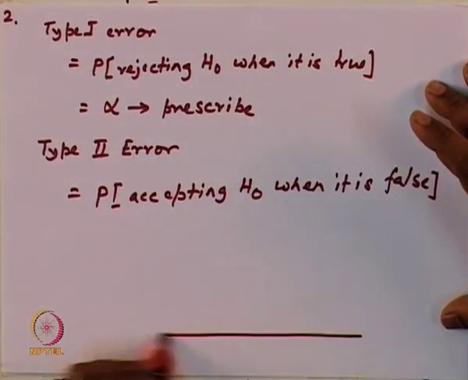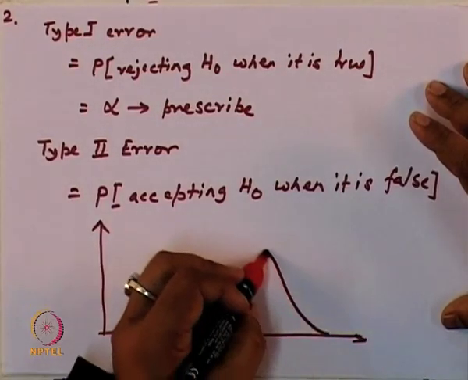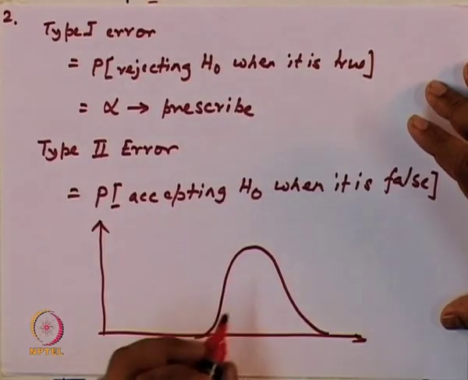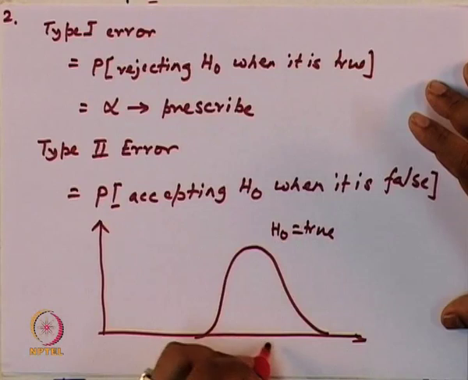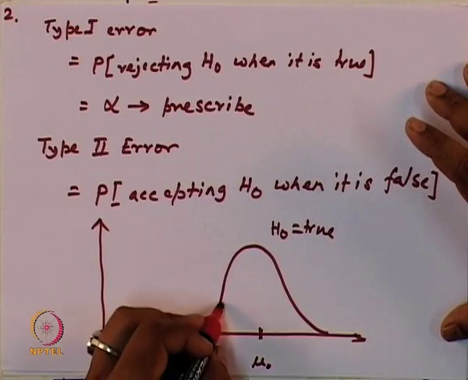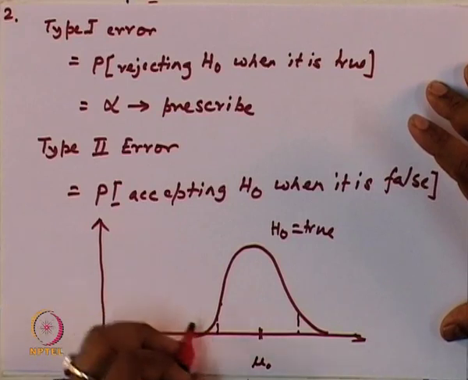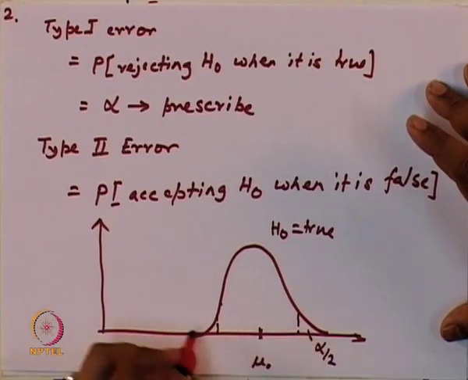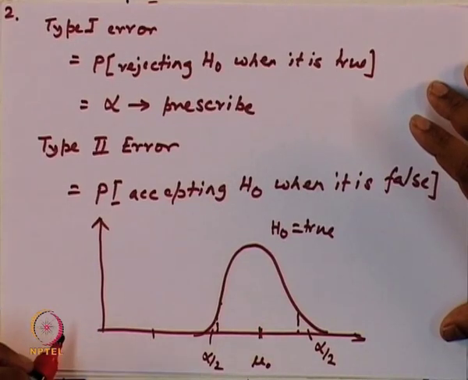So, if I draw, let us say this is your H naught equal to true, this is your mean, and this corresponds to mu of 0. For a two-tailed test of hypothesis, this is your alpha by 2, this is your alpha by 2. Now, let us say your sample gives you a mean of mu a, which is different.